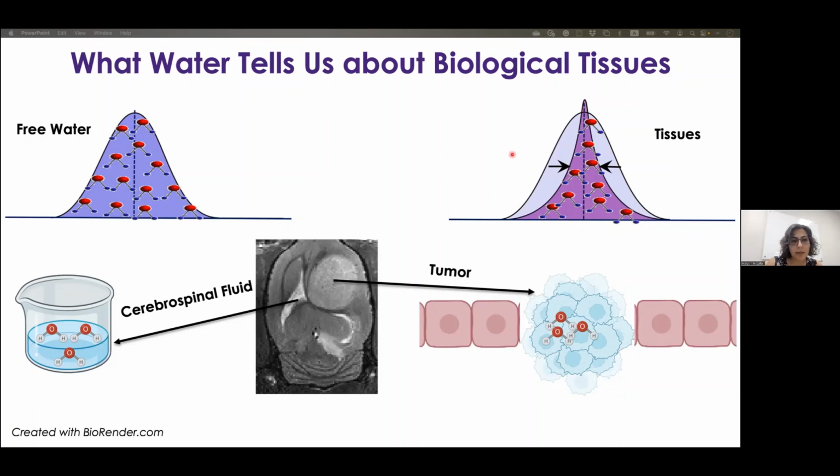So the displacement distribution becomes sharper, especially in certain pathologies, such as brain tumors with high cell density. Characterizing the diffusion of water within and surrounding the tumor may help to identify the extent of cancerous tissue.